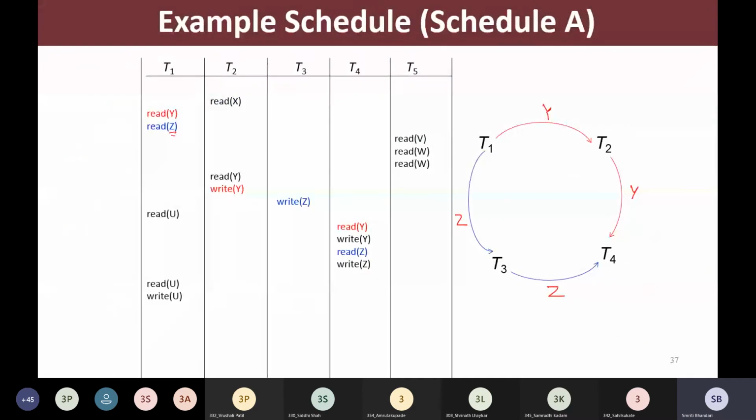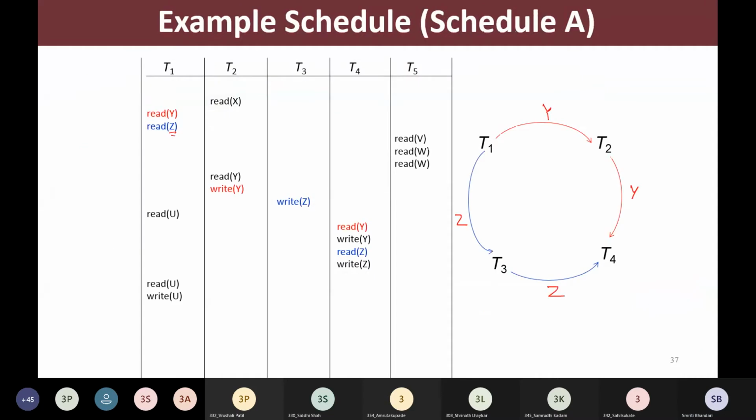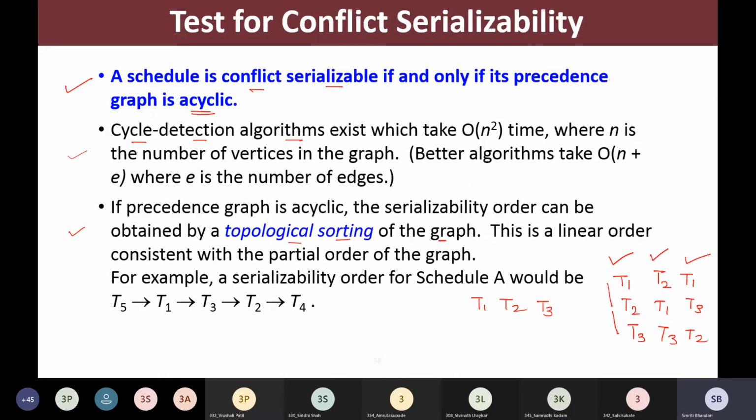See, for example, for this precedence graph, we may come up with the serializability order as T5, then T1, then T3, then T2, and then T4. Here T5 is not conflicting with anyone, right? And there is no cycle at all. So we can determine the serializability order. What would be the serializability order?